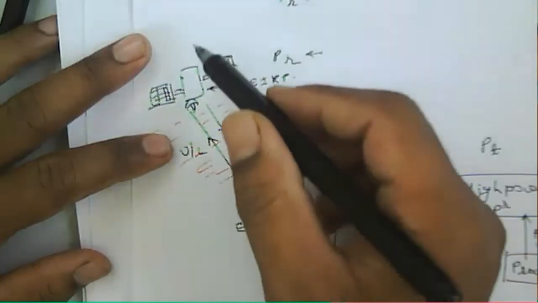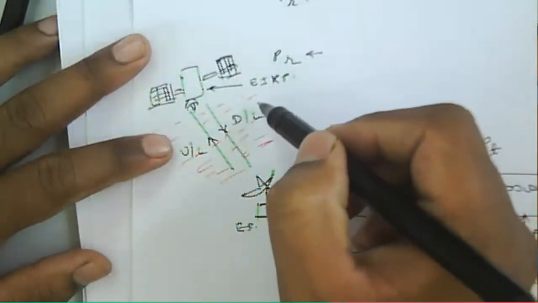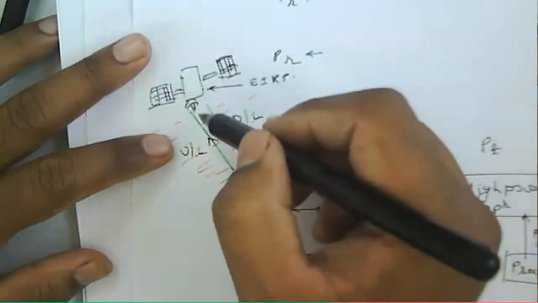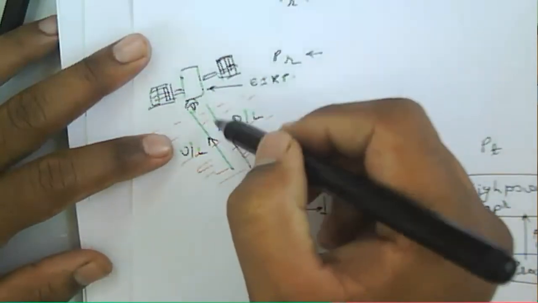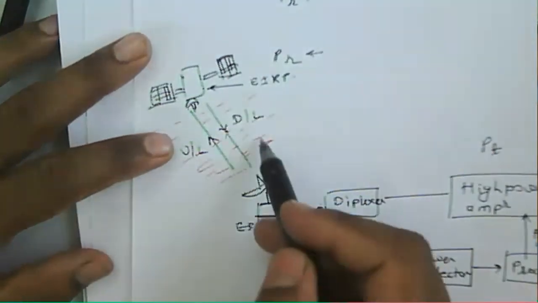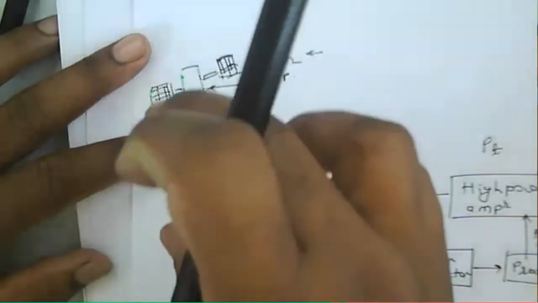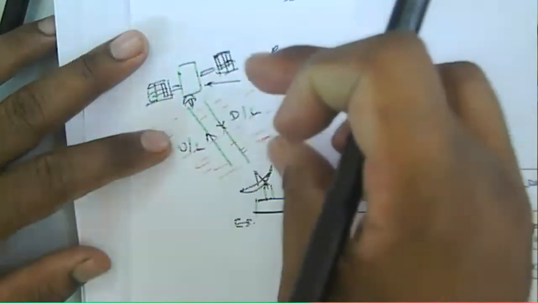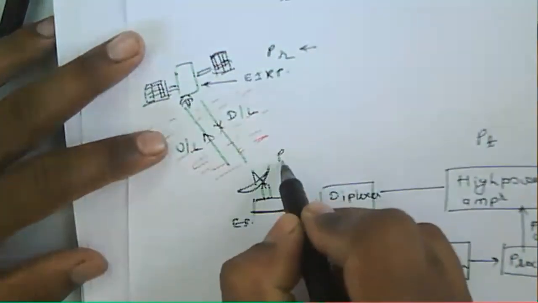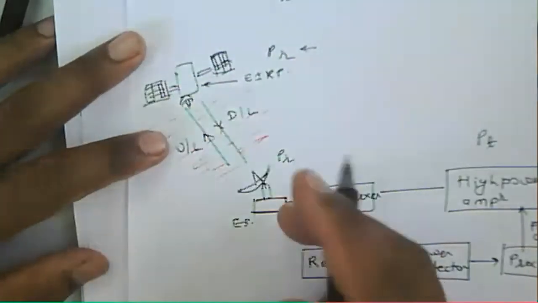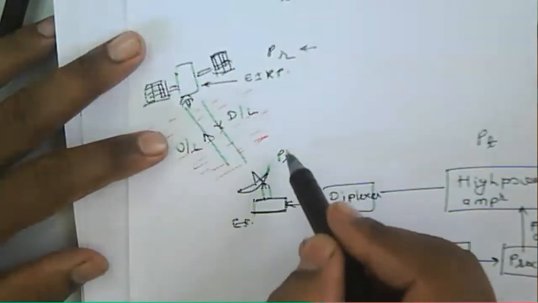So that your transponder will transmit the high power signal, so that our station will receive that signal without attenuation, or within whichever margin is defined for this attenuation. At the receiver, on the downlink, our station receives the signal.